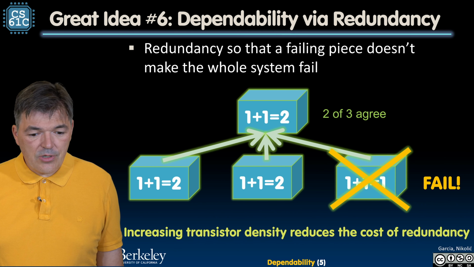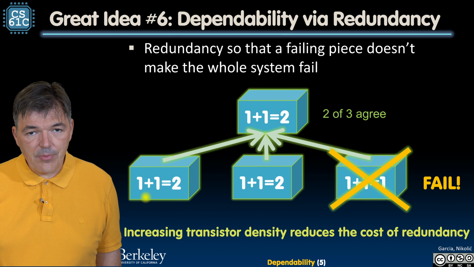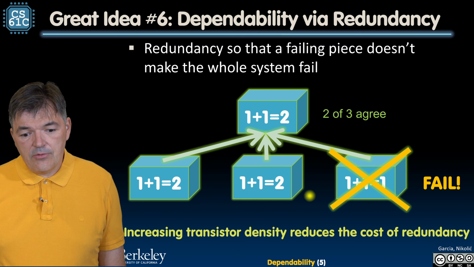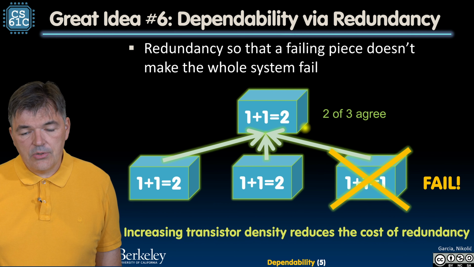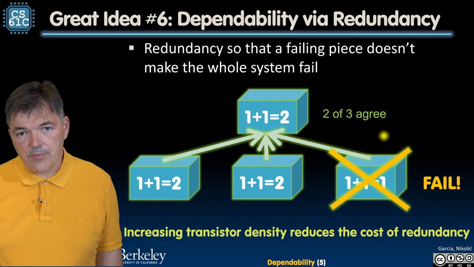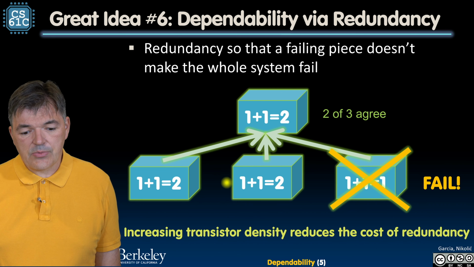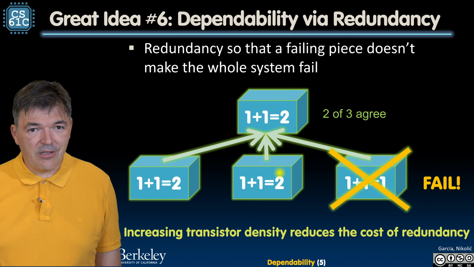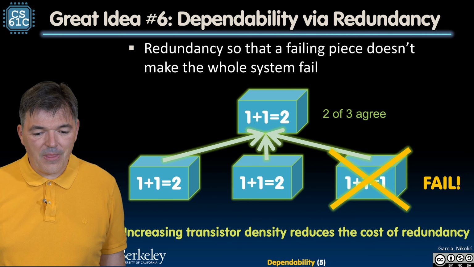So the way it works is that you'll have multiple replicas of hardware, and there'll be some kind of a voting mechanism where 2 out of 3 perhaps will agree that 1 plus 1 is equal to 2. And you'll take that as an answer.